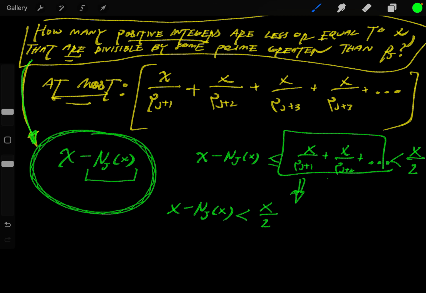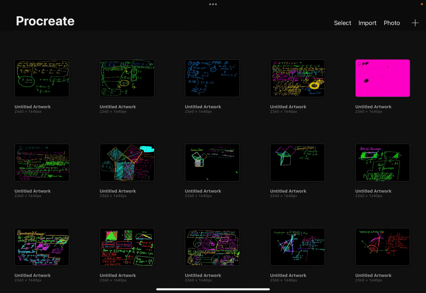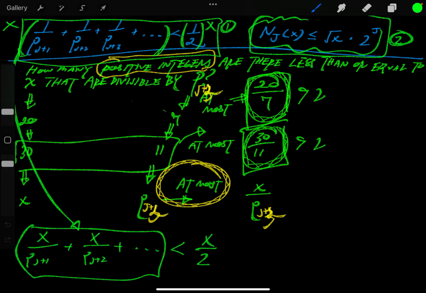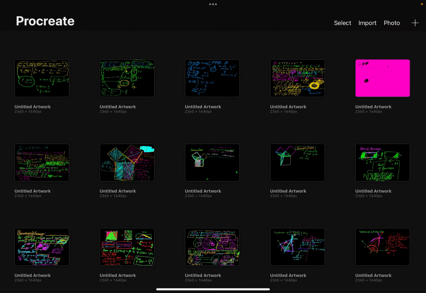And then what I do is I'm going to solve it for n sub j. When I subtract x over 2 from both sides and add n sub j over to the other side, I get that x over 2 is less than n sub j of x. Now I use the other fact that I got, that n sub j of x is less than or equal to the square root of x times 2 to the j.